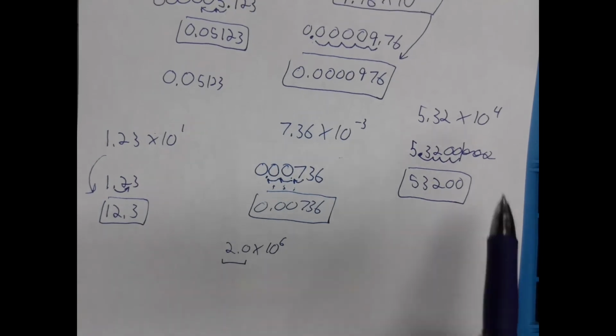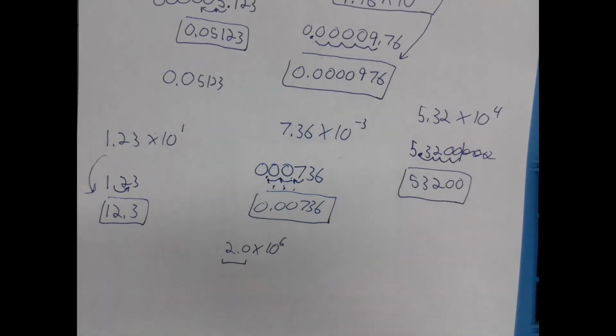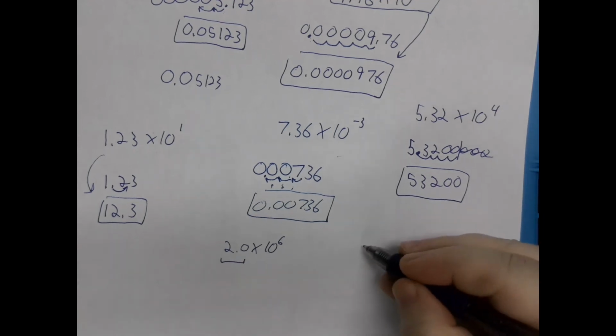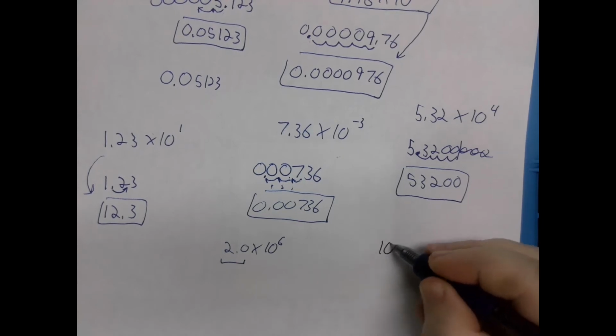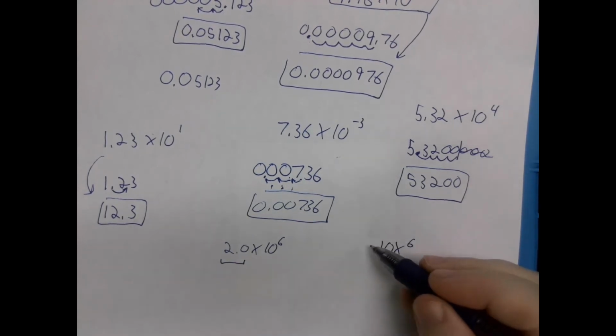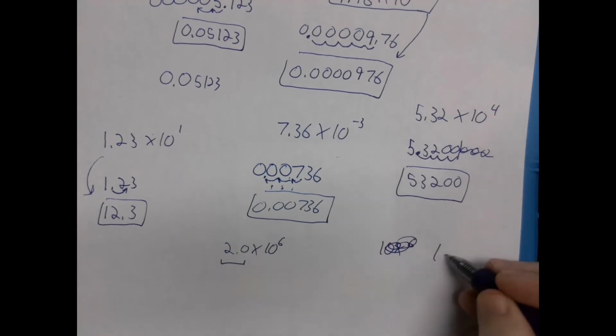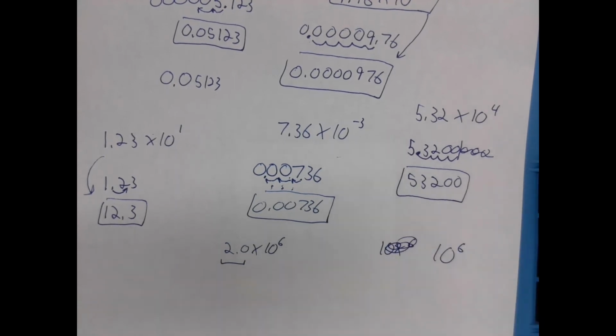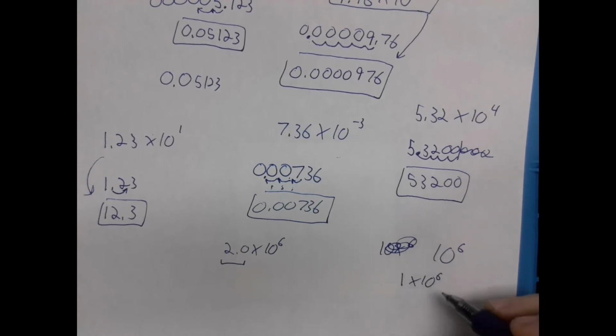So anyone confused on this? Is scientific notation good? Oh, this is not scientific notation. 10 to the 6 is not scientific notation. Technically, 1 times 10 to the 6 is proper scientific notation.